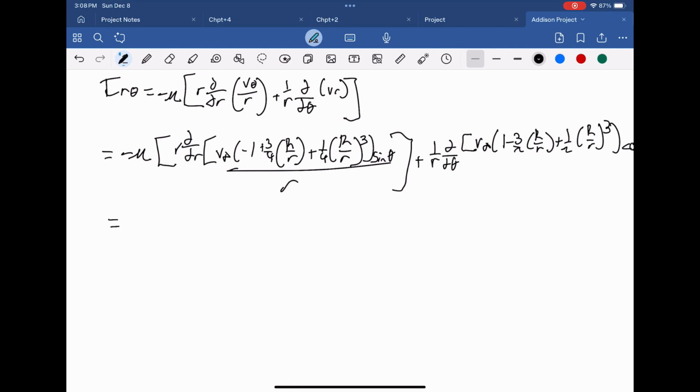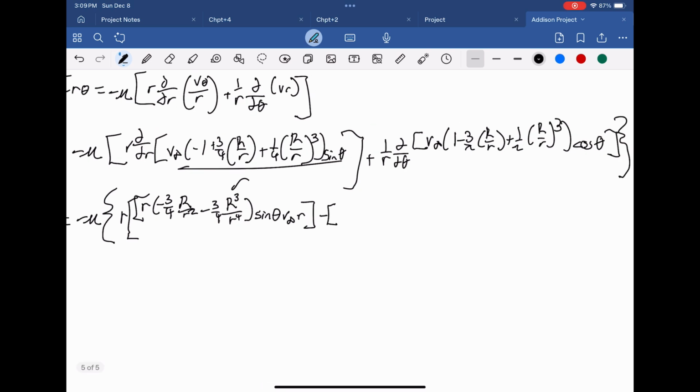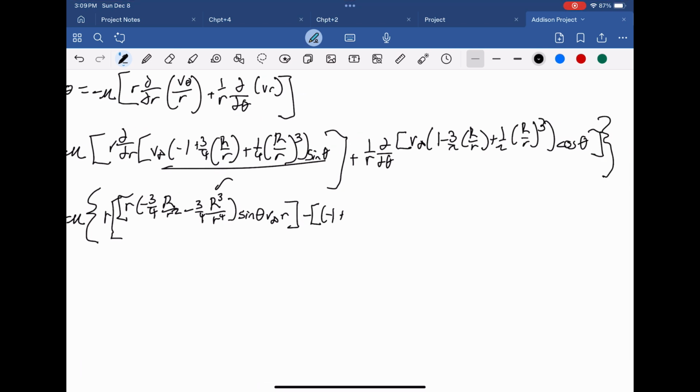It looks complicated, but because we're taking a derivative with respect to r, and we know that sine theta cannot be with respect to r, it's just going to end up being r, because that was outside, times low, which is r, times the derivative of high, which we're going to product rule, but since the sine theta derived with respect to r is 0, we only have to do one side, which is going to be the derivative of this v theta equation times sine with a v infinity and an r on it, and then minus high d low, so we're just rewriting the v theta equation times the derivative of low, but since low is just r, the derivative is 1, and we're just writing the v theta equation.